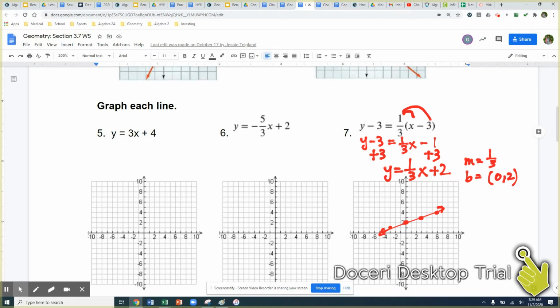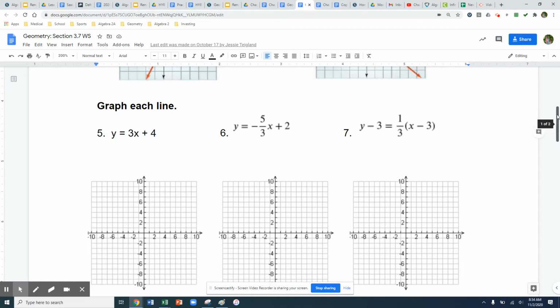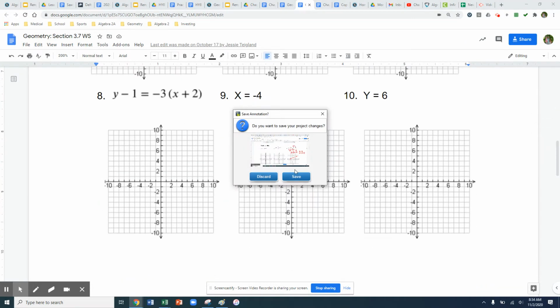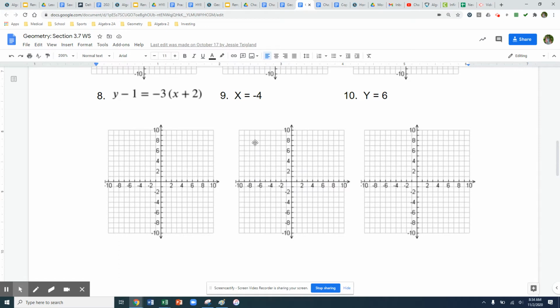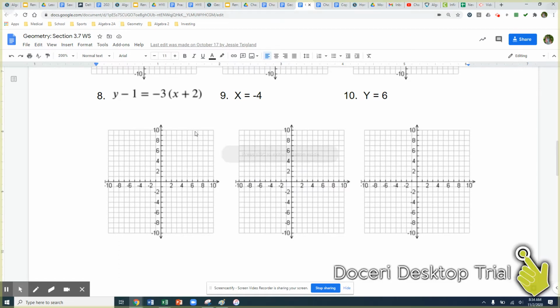The other thing I want to talk about from 3.7 was the special cases with the x equals and the y equals. So these can get a little tricky as well, trying to navigate, because we're so used to seeing a y and an x. So x equals -4.